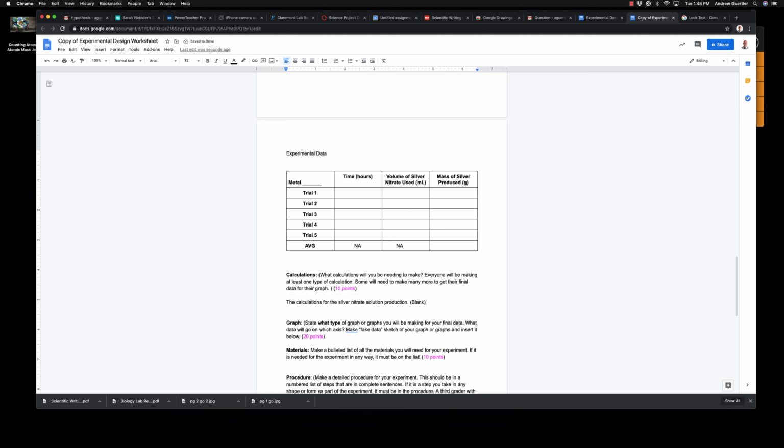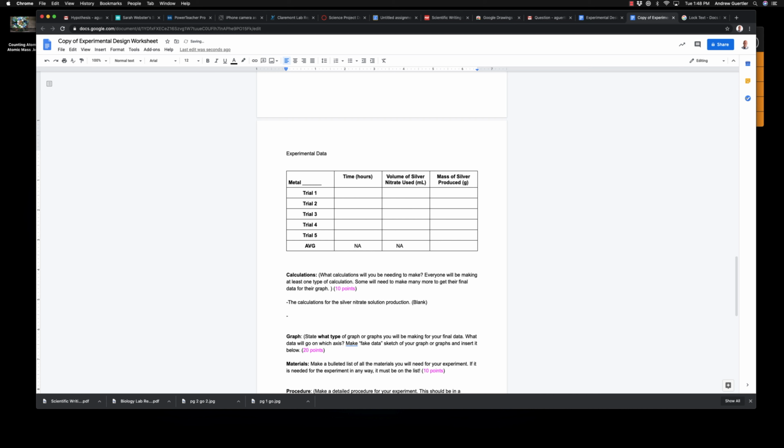But if you did know how to do those calculations, I would expect you to put those in there. We will need to do the averaging calculations for the masses of silver produced for the trials.